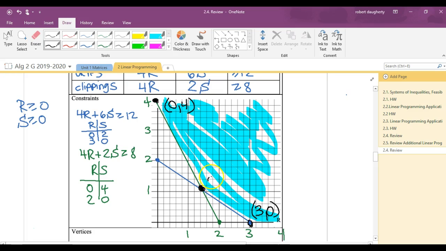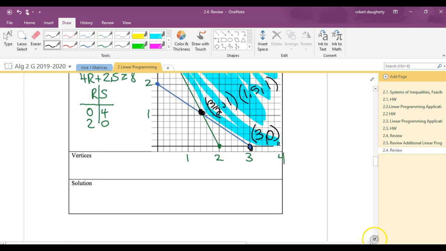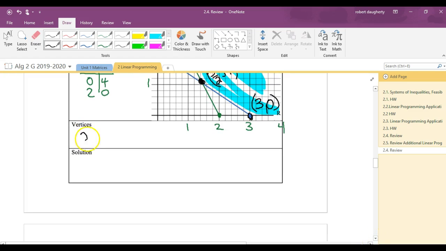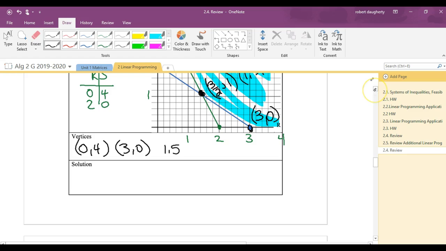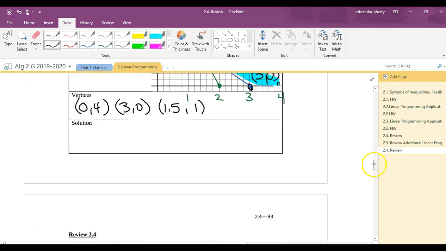So this is the point 3 halves, 1, or 1.5, 1. Those are my vertices. So my vertices are 0, 4, 3, 0, and 1.5, 1. Okay. And I'm trying to minimize my cost.